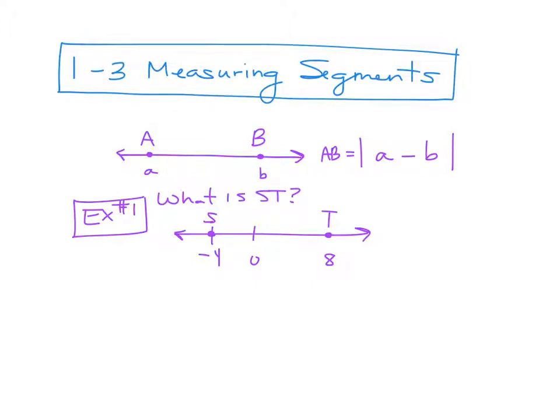Notice this for me real quick. I didn't put anything over that ST. Whenever they're talking length, like how long is it, it's just the letters. You don't put a bar over it, you don't put arrows over it.